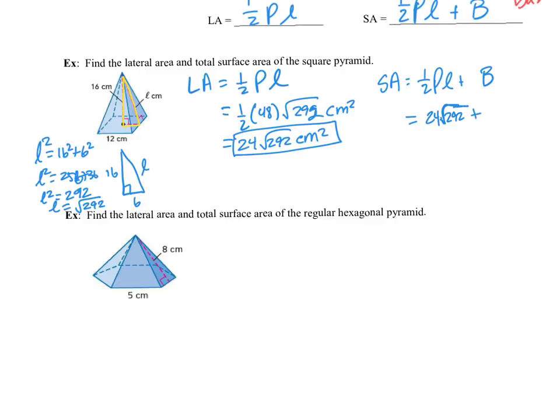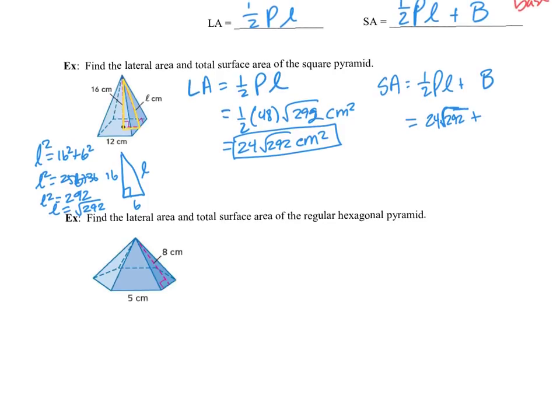The base is a square, and we find the area of a square just by taking one edge and squaring it. So that would be plus 12 squared. So the final answer is 24 times the square root of 292 plus 144. Let's put parentheses around all of that and then put the proper units, which would be centimeters squared.